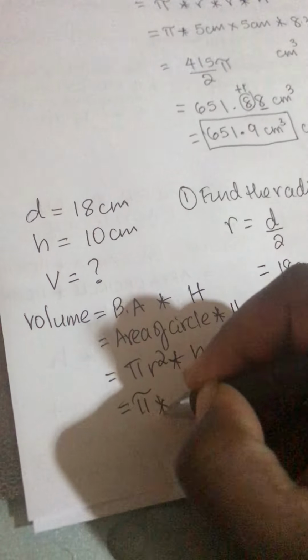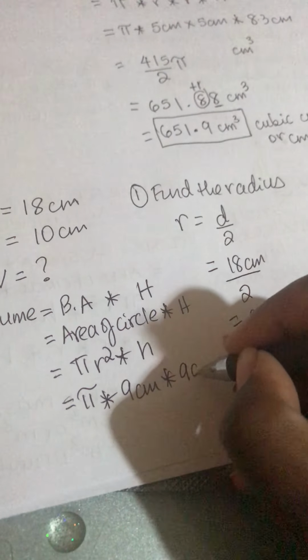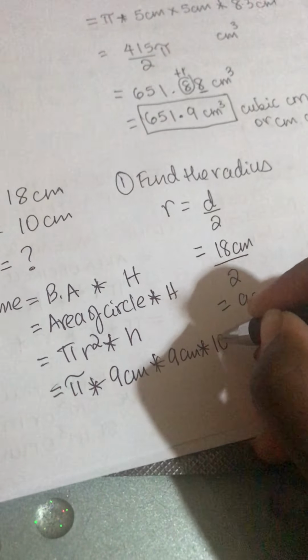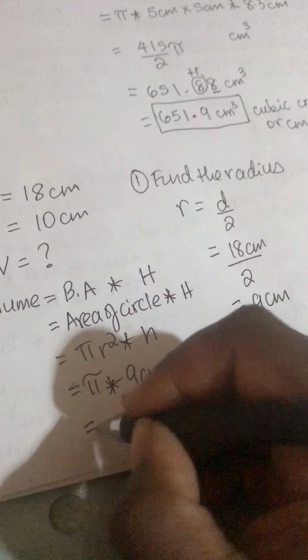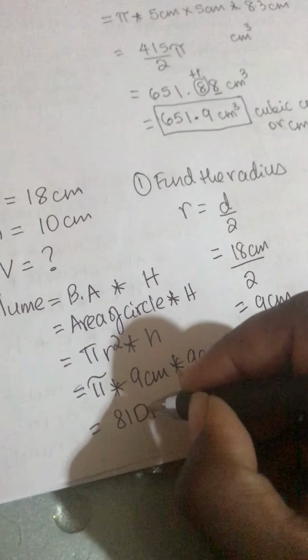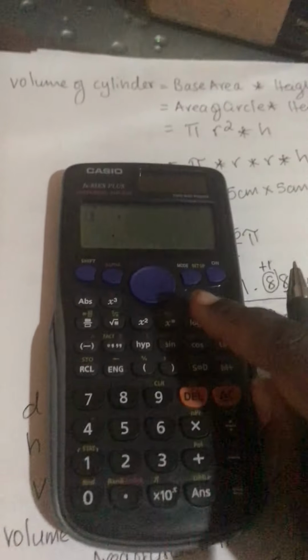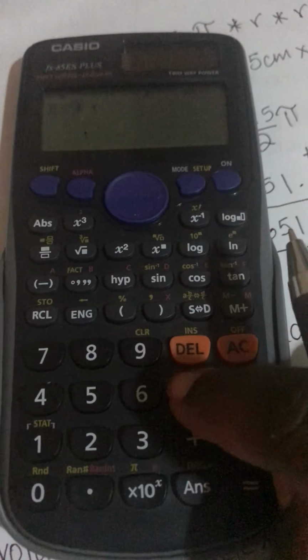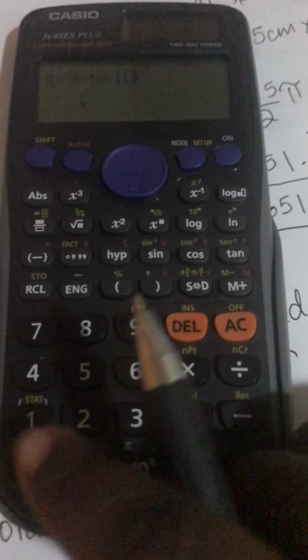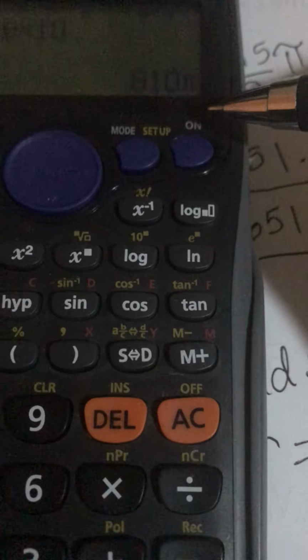So pi times 9 centimeter times 9 centimeter times 10 centimeter. That should give me 810 pi centimeter cubed. How do I know? Shift pi times 9 times 9 times 10. And you see I got 810 pi.